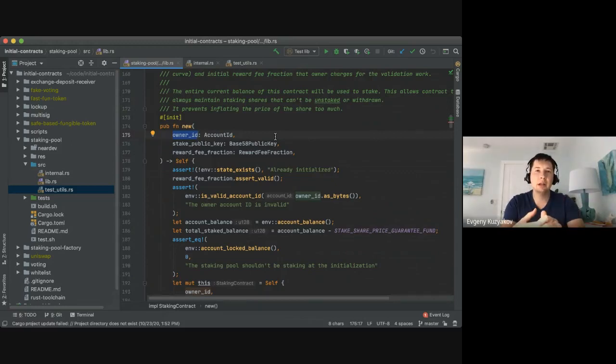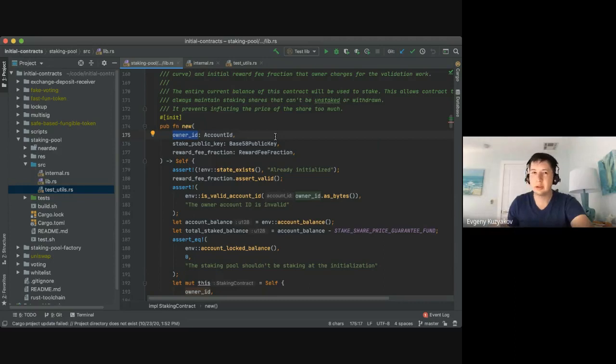And the owner has a bunch of permissions on this contract that allow it to perform actions that are not available for the rest of the accounts. So one of these methods is to vote on behalf of the staking pool to the voting contract that we discussed last time.